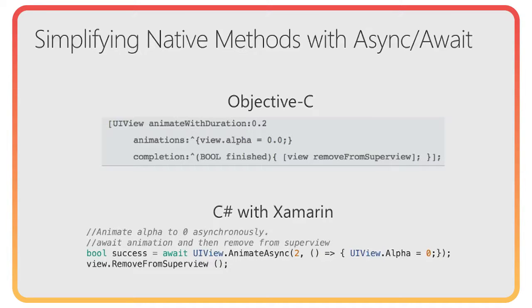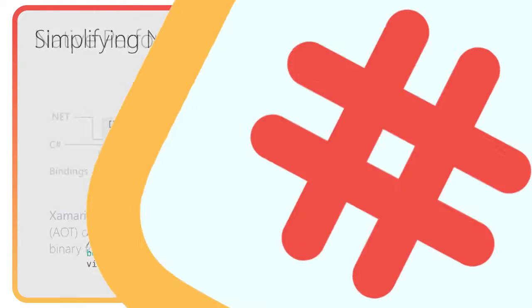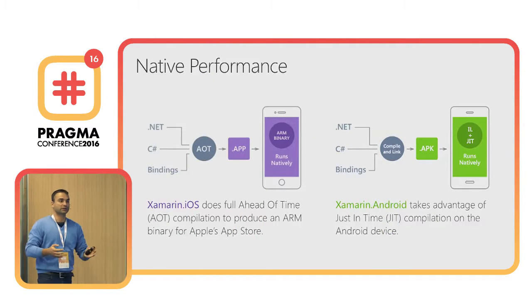So I have a small sample with the Objective-C and the counterpart in C#, using async and await, asynchronous methods. It actually simplifies the same instruction that you see in Objective-C, and it makes it a little bit more readable.